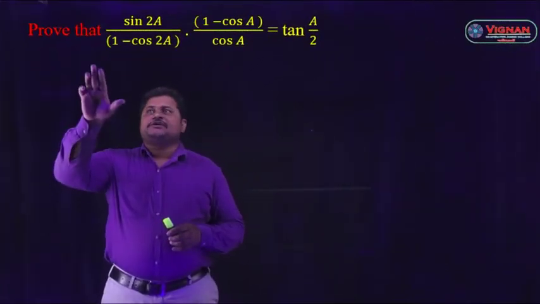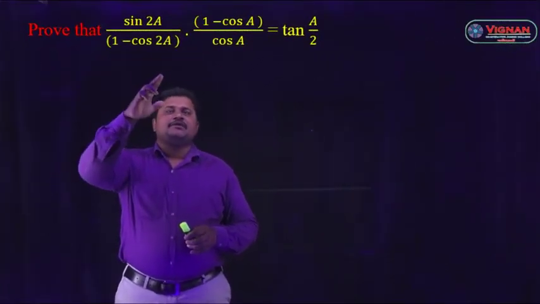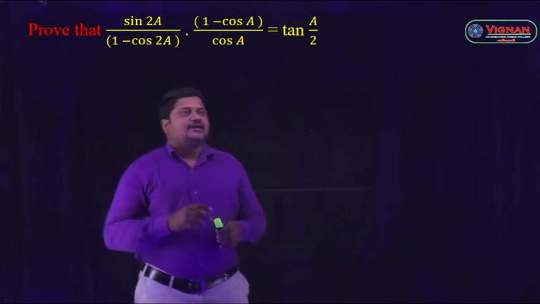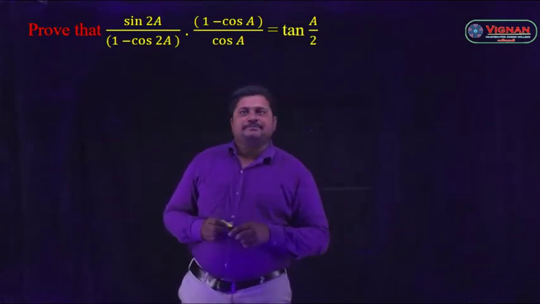The next problem is, prove that sin 2a by 1 minus cos 2a into 1 minus cos a by cos a is equal to tan a by 2.